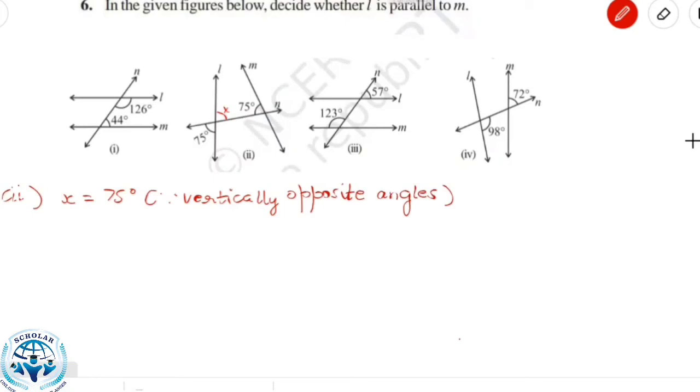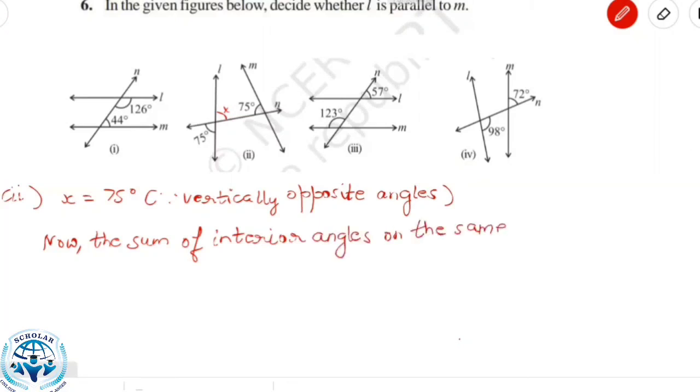Now the sum of interior angles on the same side of the transversal should be 180 degrees.